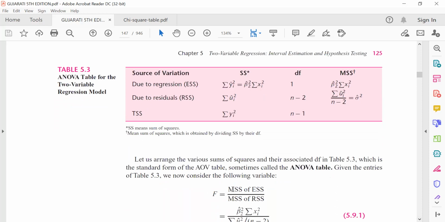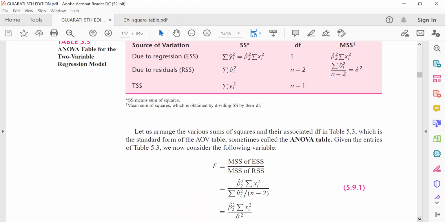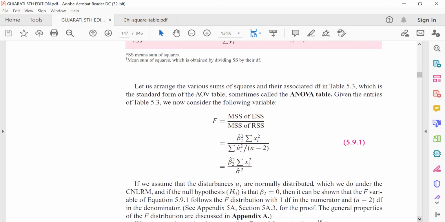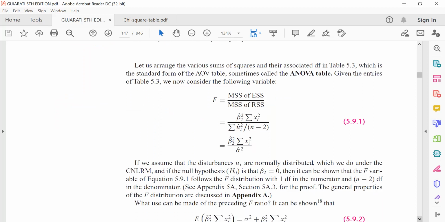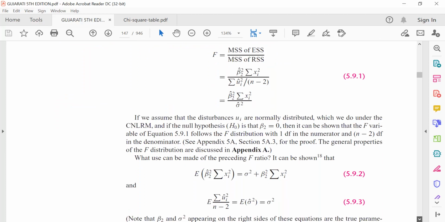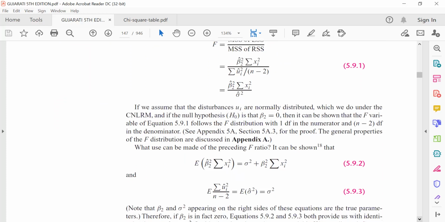F is the MSS of ESS divided by the MSS of residuals, and we get the calculated F value. There is no negative value in the F statistic. Only the t distribution and the normal distribution can have negative values.